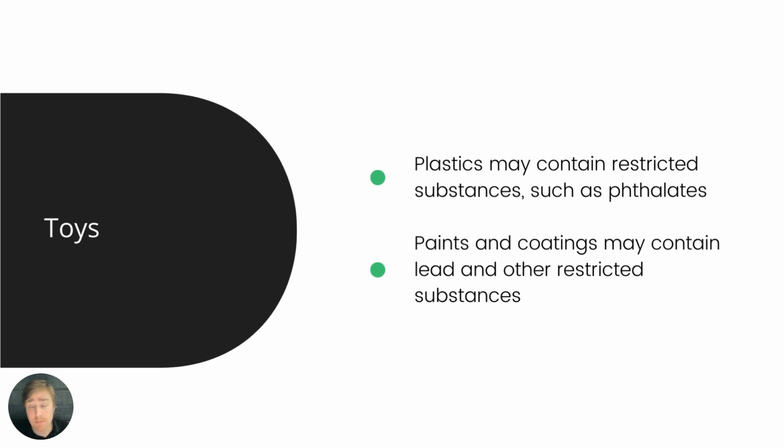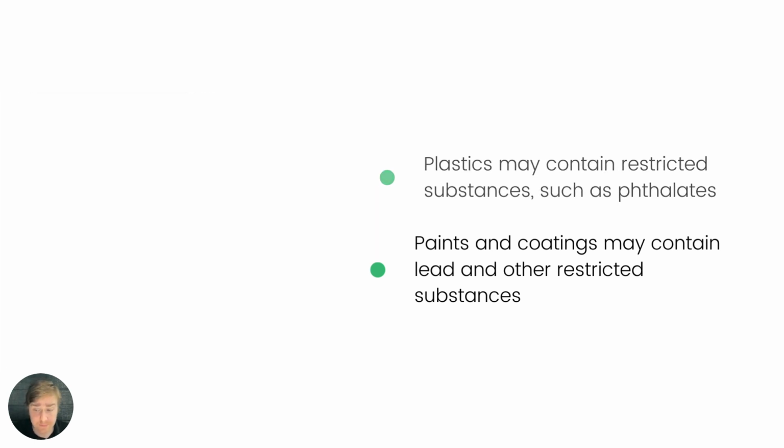I'm not sure, but it may be the case that California Prop 65 is more restrictive, that it sets lower limits for phthalates, or maybe it covers a longer list of phthalates. I'm not sure, but it's covered anyway. And another risk factor when it comes to toys is paints and coatings that could contain lead and other restricted substances.